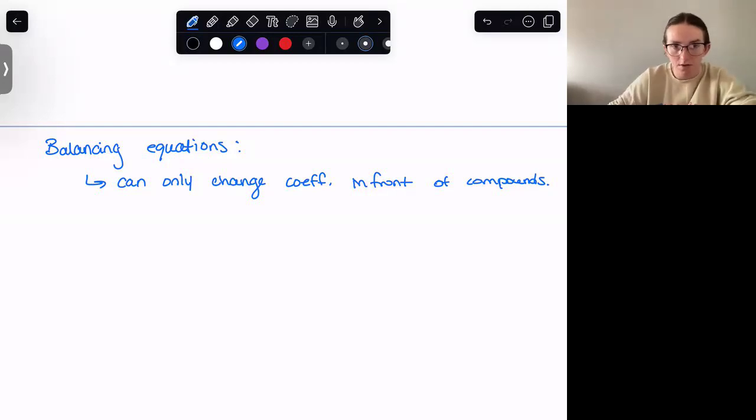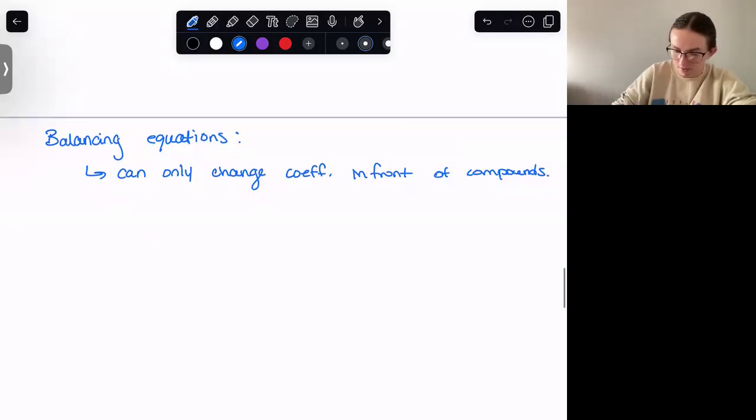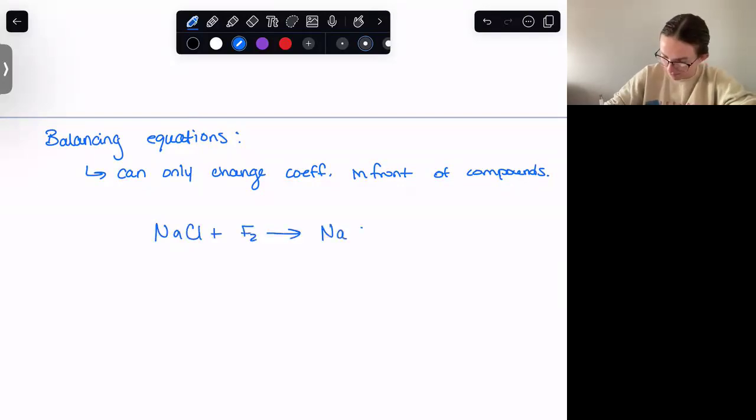Okay, so as an example, let's do this one here. So we have sodium chloride and fluorine goes to sodium fluoride and chlorine gas.